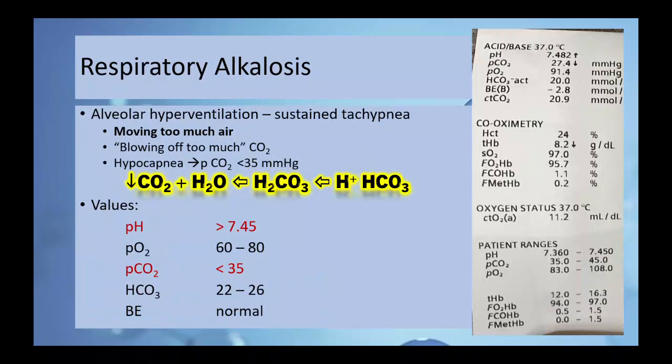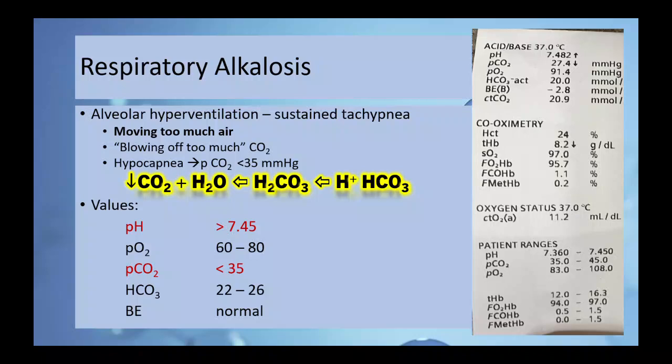The second condition, first is respiratory acidosis. The second condition, respiratory alkalosis. In this case, we're dealing with alveolar hyperventilation, either from an increased respiratory rate and or increased respiratory volume, which is going to cause too much movement of air, too much removal of CO2, and cause a condition called hypocapnia, where the CO2 is less than 35.